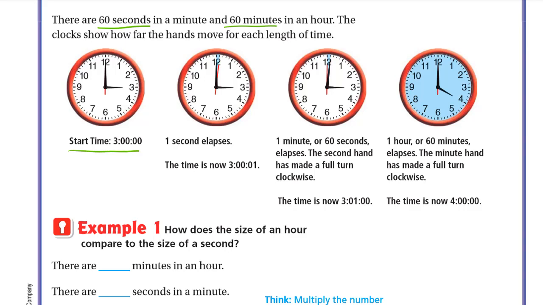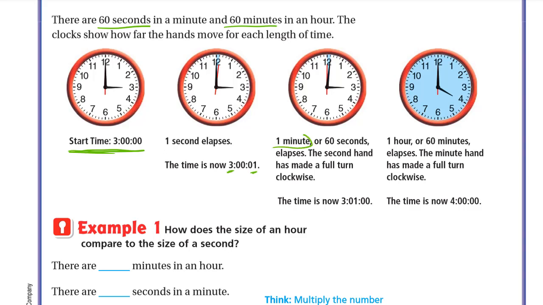Here is the starting time, which is 3 o'clock. The short hand is at 3 and the other two hands are at 12. So it's 3 o'clock. After 1 second, it will be 3 o'clock and 1 second.